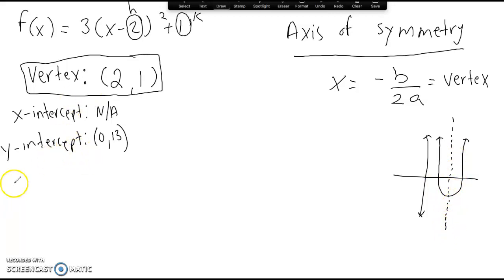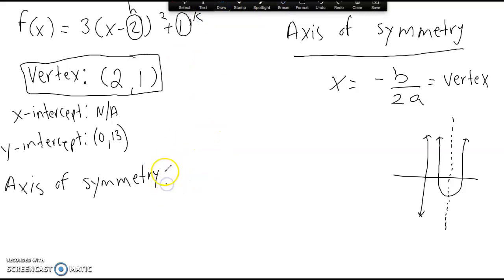So let's find the axis of symmetry. I'm going to go ahead and plug in some values. First I'm going to label my a. But since we already found the vertex, we don't even have to do this.